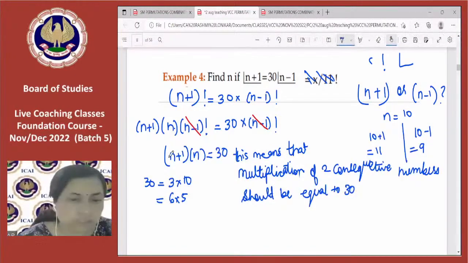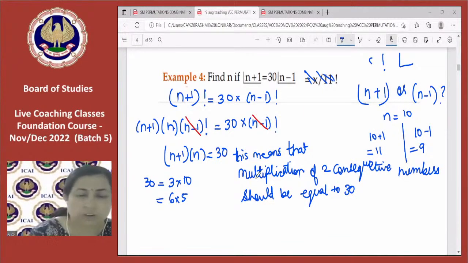This n plus 1 into n is equal to 30 means that multiplication of two consecutive numbers should be equal to 30.